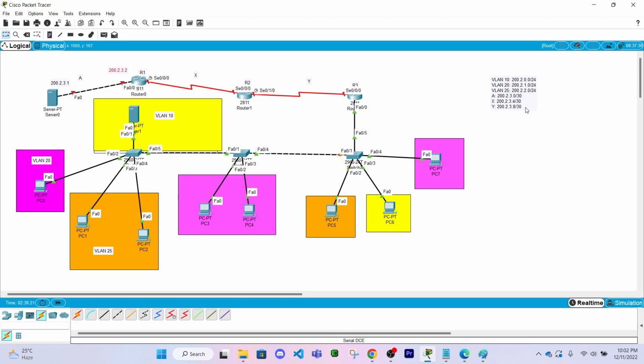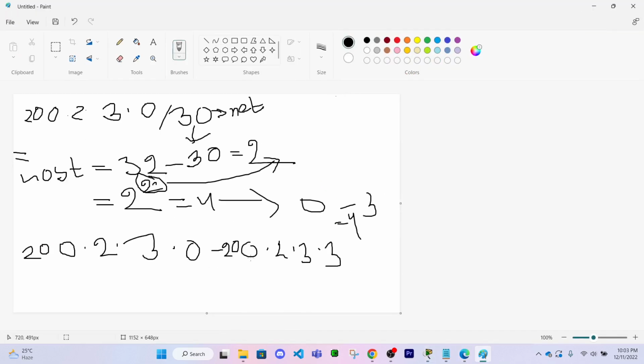So the available IPs are 3.1 and 3.2. Why is this? This is because the first IP and the last IP are reserved. As the IP range here is 3.0 to 3.3, we cannot use 3.0 and 3.3.